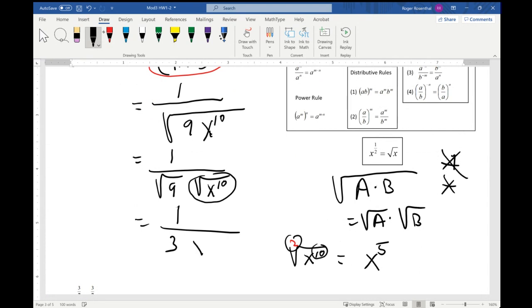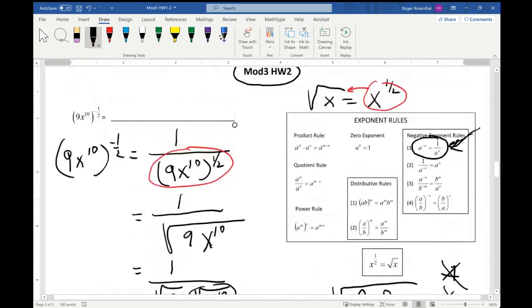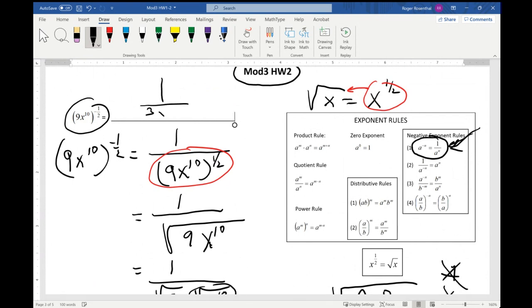So the square root of x to the 10th is x to the 5th, and this is our final answer. In other words, this expression is equal to 1 over 3x to the 5th. Okay.